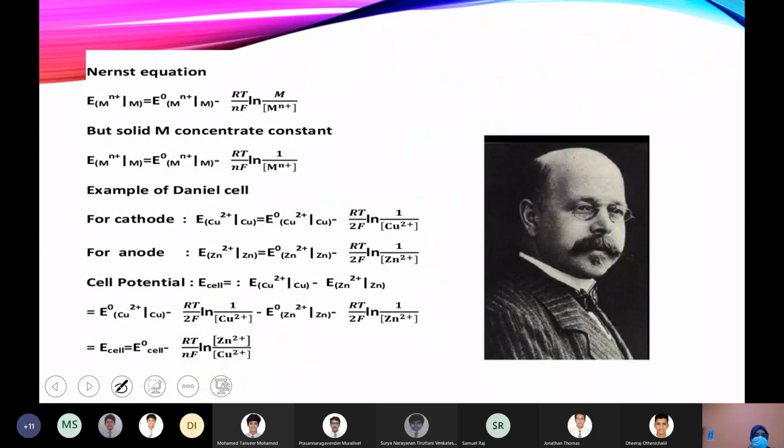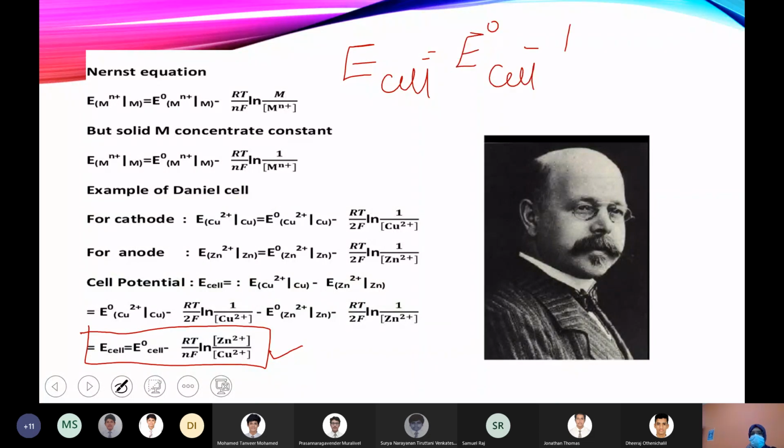So you can see, this is what you need to know. It is the general equation only, that's why I told you there is no need to write everything, because the derivation is not required, but you should write the general representation. So you can write it like this: E cell is equal to E0 cell minus RT by NF Ln of the concentration of oxidized species.